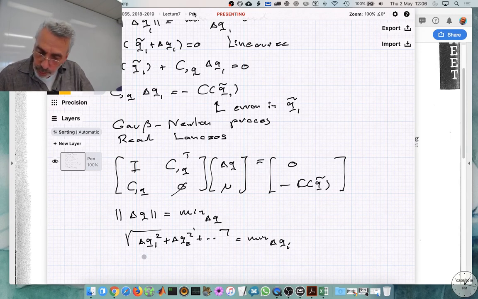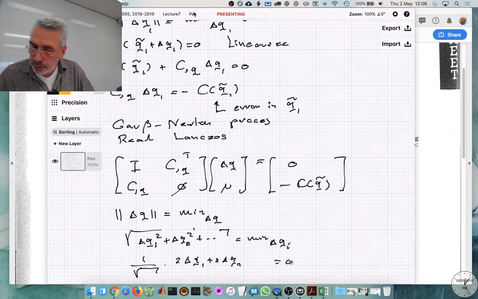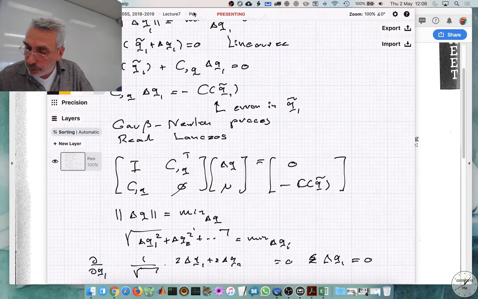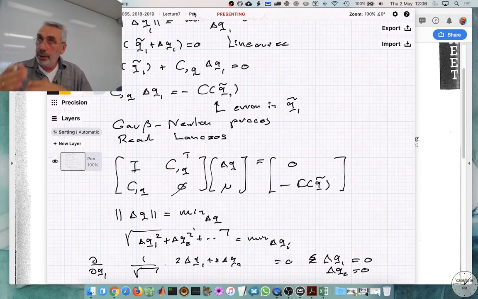So we get 1 over the square root times 2 delta Q1 plus 2 delta Q2, etc., is 0. Or in other words, if we do it with respect to one of the variables, we get delta Q1 is 0, and the next equation is delta Q2 is 0, right? So that is the minimal solution.